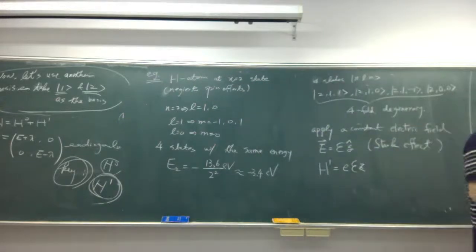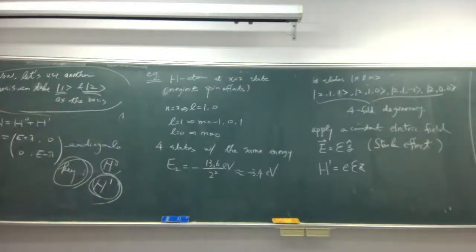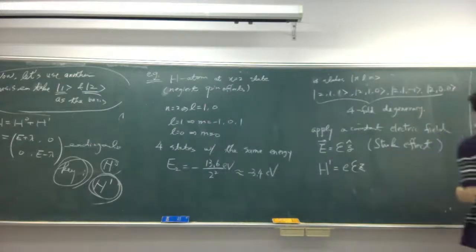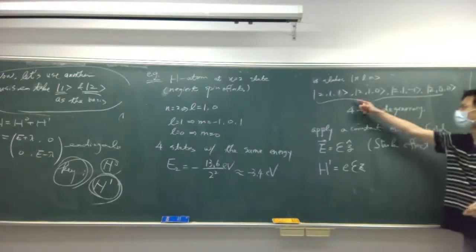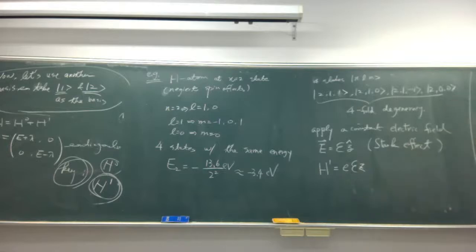Okay, so now let's go back to the lesson we learned in the last lecture. The key point is that we have to find a new basis which can diagonalize H1. Originally we have these 4 states, so let's try to find the linear combination of these 4 to diagonalize H1.